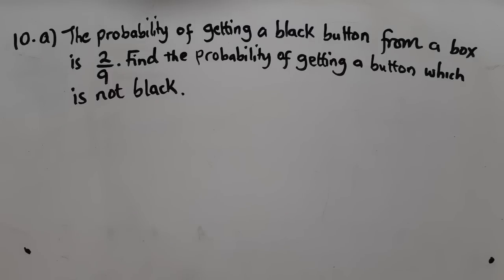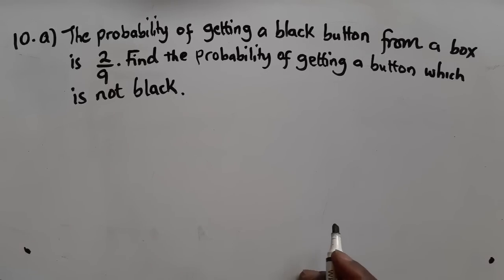So we have question 10A. The probability of getting a black button from a box is 2/9. Find the probability of getting a button which is not black. Simple.